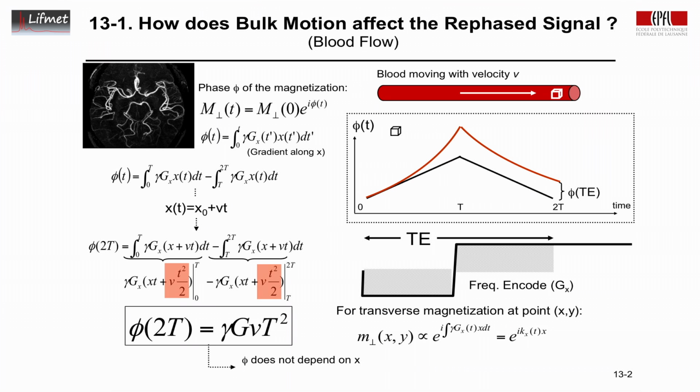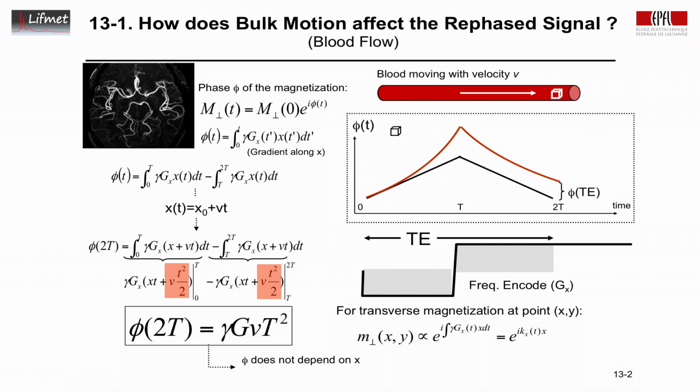Now, the phase that is induced by the motion does not depend on the position. So that means basically for a given velocity in the direction of the gradient, the phase in the voxel will change by the same amount of radians or degrees independent of its position.